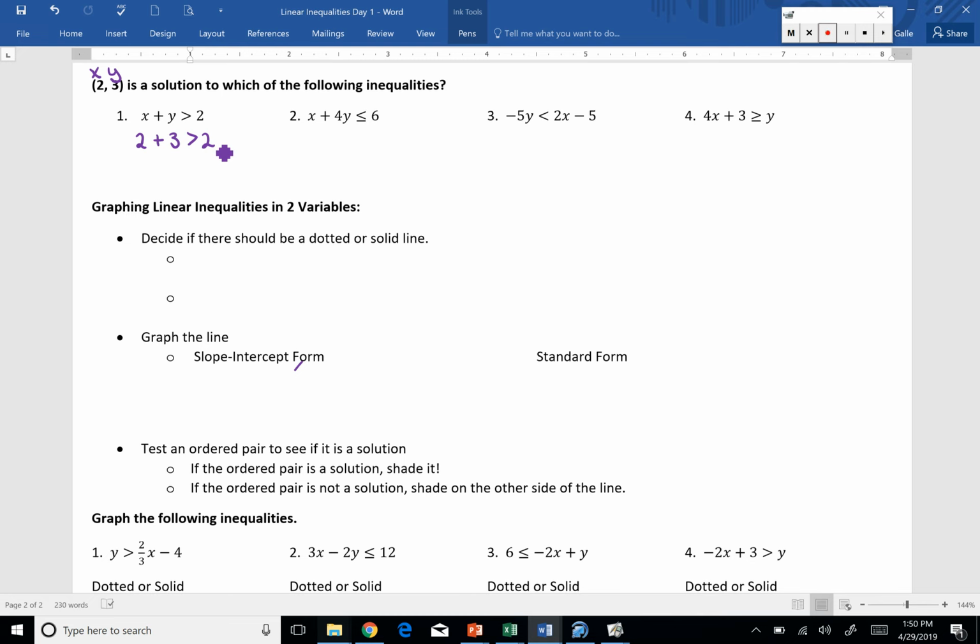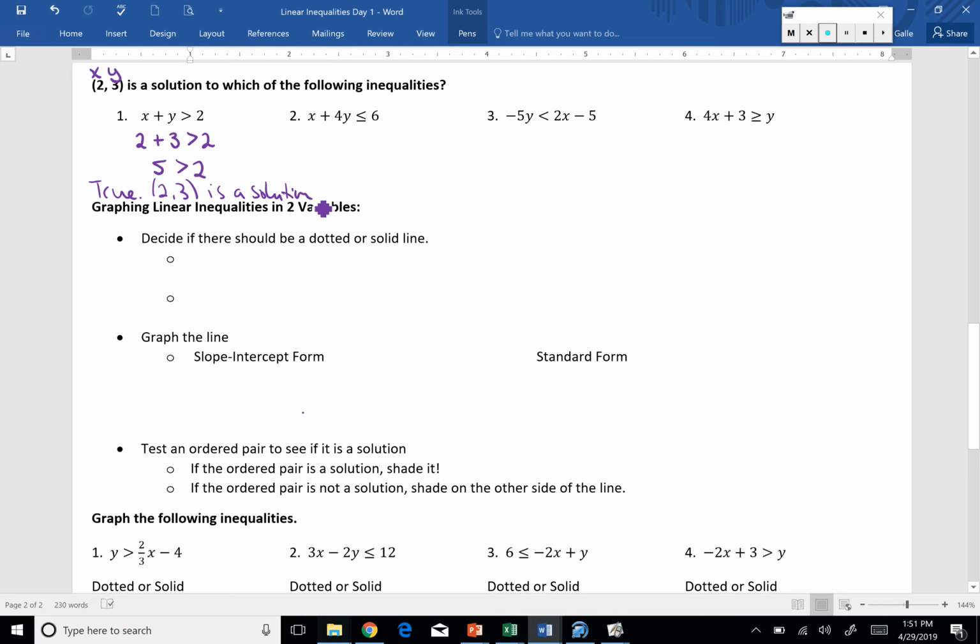Still have the greater than, still have the 2. 2 plus 3 is 5. Is 5 greater than 2? Or is my symbol opening towards the bigger number? Yes. This is true. So 2, 3 is a solution.